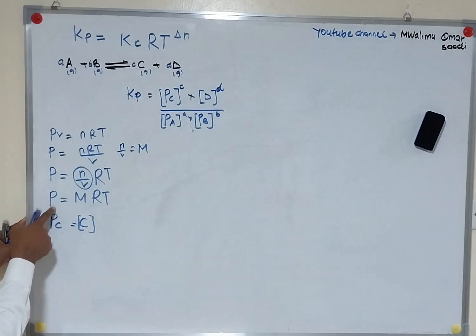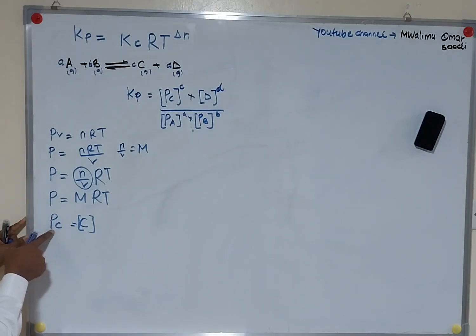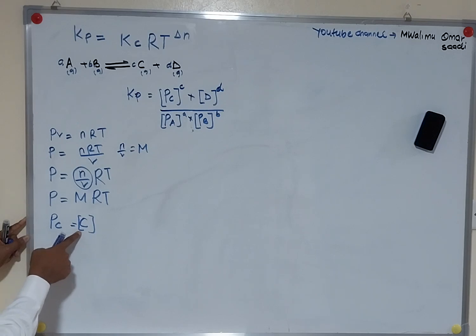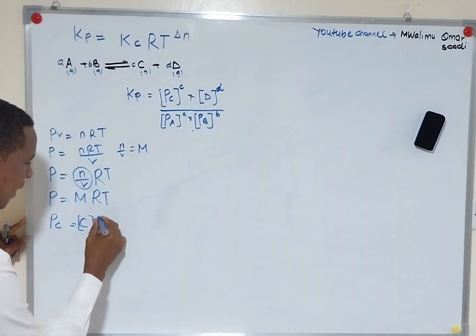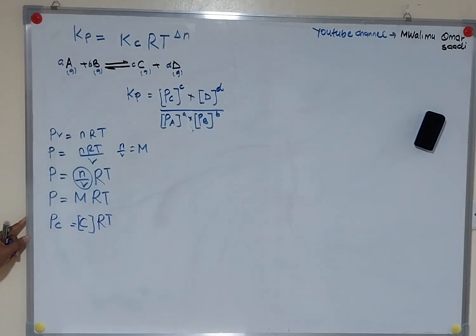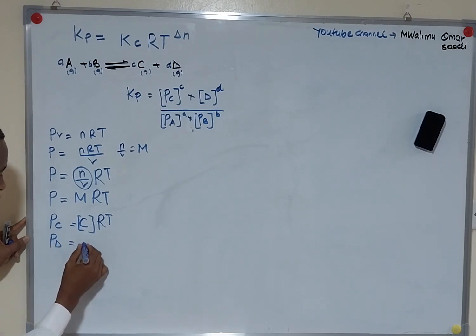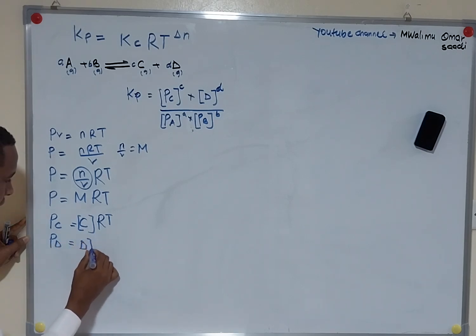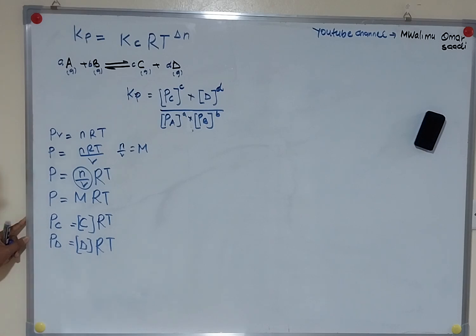So we have PC is equal to the concentration of C times RT. And for D, PD is equal to the concentration of D times RT.